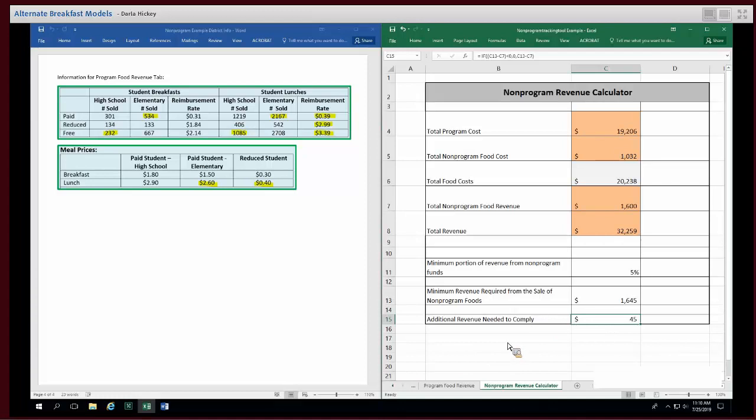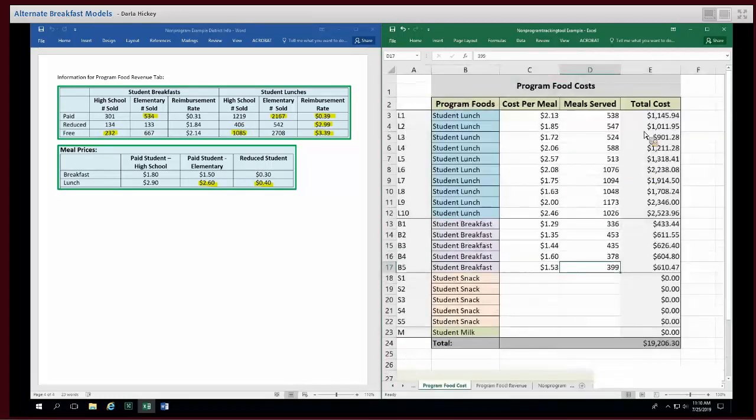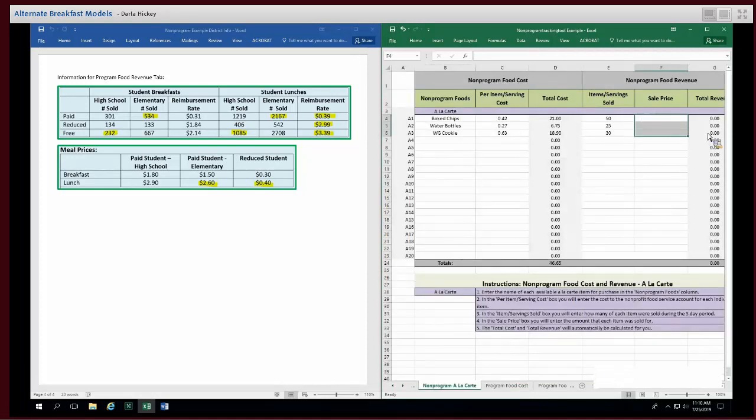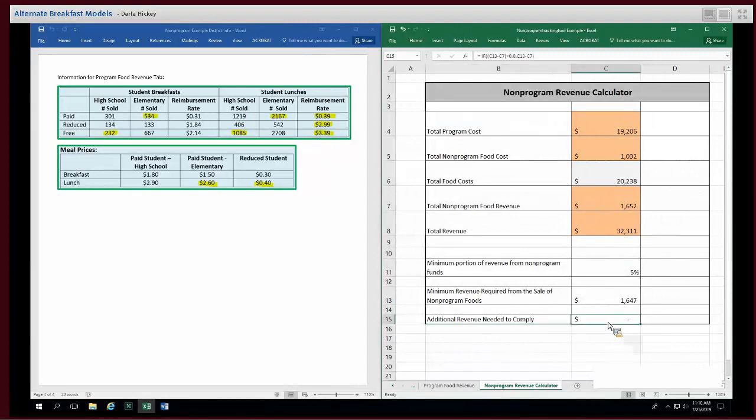And the nice thing with this 5-day tool is I can test it out. I can go back to my a la carte tab and say, what if I charged 50 cents for each of these? Does that get me in compliance? So I'll go back to this last tab and say, oh yes, 50 cents got me into compliance. So I could be charging less and still be in compliance with the non-program food revenue.